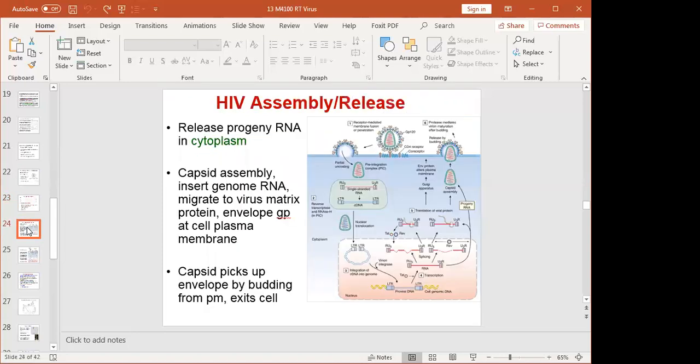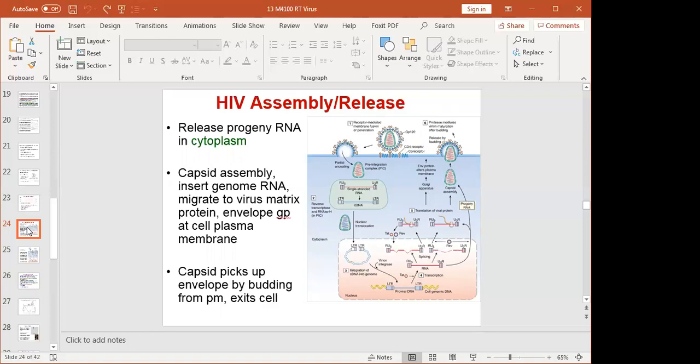Moving to slide number 24, HIV assembly and release. The virus releases progeny RNA in the cytoplasm. Capsid proteins will be assembled. They insert genome RNA, and this genome RNA will migrate to virus matrix proteins.